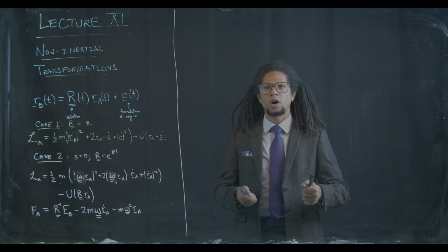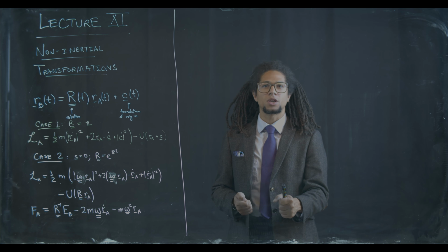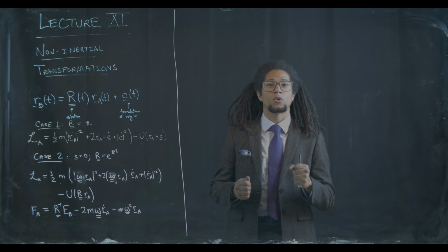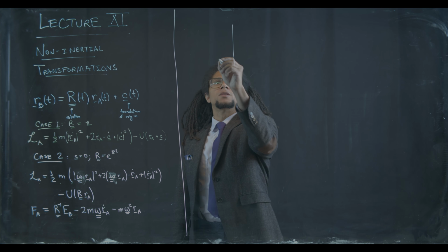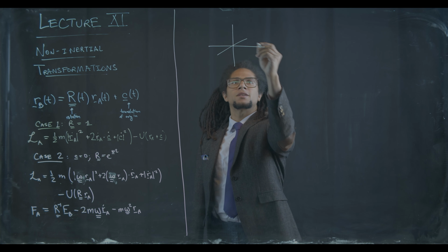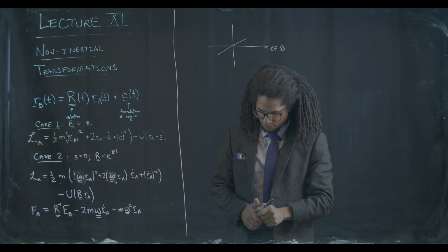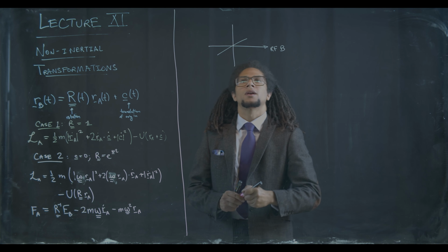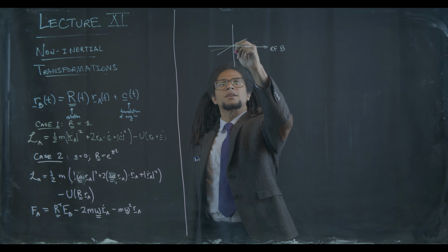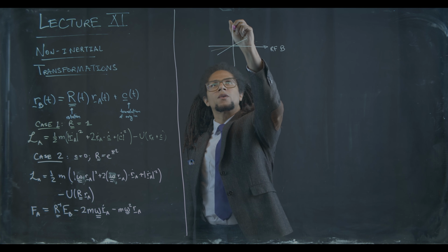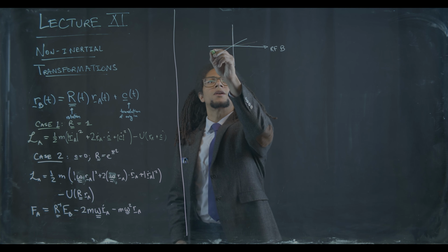Next, I want to deal with one specific situation, which is where we have constant rotation around the z-axis for reference frame A with respect to reference frame B. So let's get that on the board. So here we'll have a fixed set of axes in reference frame B. And then let's get the rotating set of axes for reference frame A. That color's not coming up very well, so let's maybe try green.